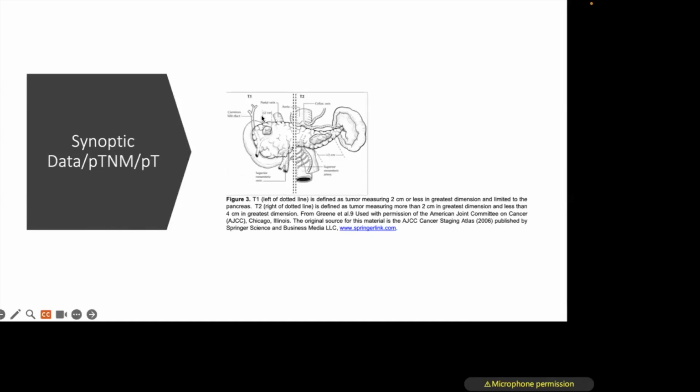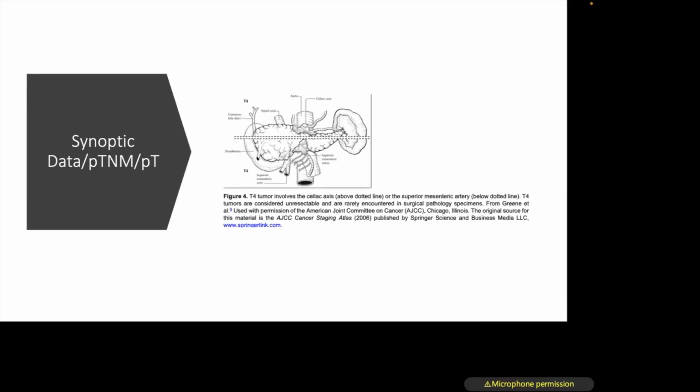So I've mentioned it before that the pT stage for pancreatic ductal adenocarcinomas is based on size. So if it's less than 2 centimeters, it's a pT1. If it's greater than 2 centimeters, but less than 4, it is a pT2. If it is greater than 4 centimeters, it's a pT3.